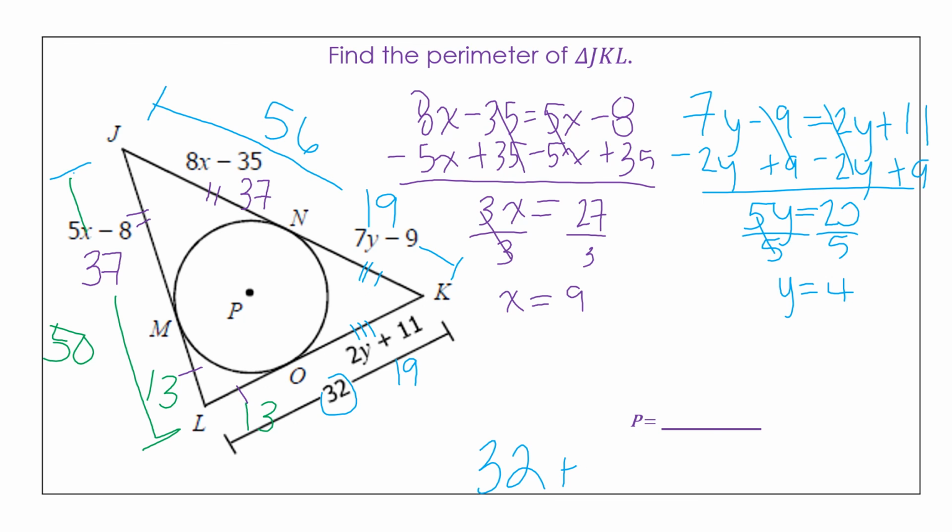So now to find my perimeter, I've got 32, which was given to us, that was LK, JL is 50, and JK is 56. So I'm going to add 32, 50, and 56, which gives me 138 for the perimeter. And that is it.